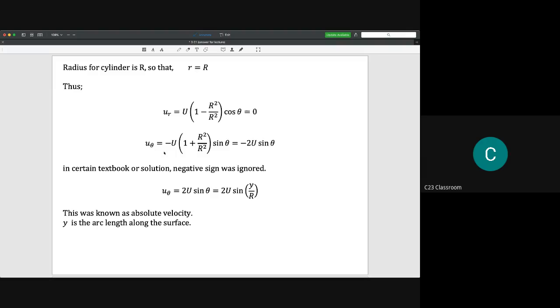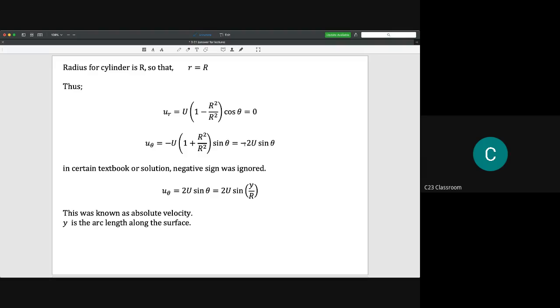For U theta, if we substitute the small r with capital R here, we get it equal to minus 2U sine theta. The minus here can be ignored because it just shows the direction, which is counterclockwise.